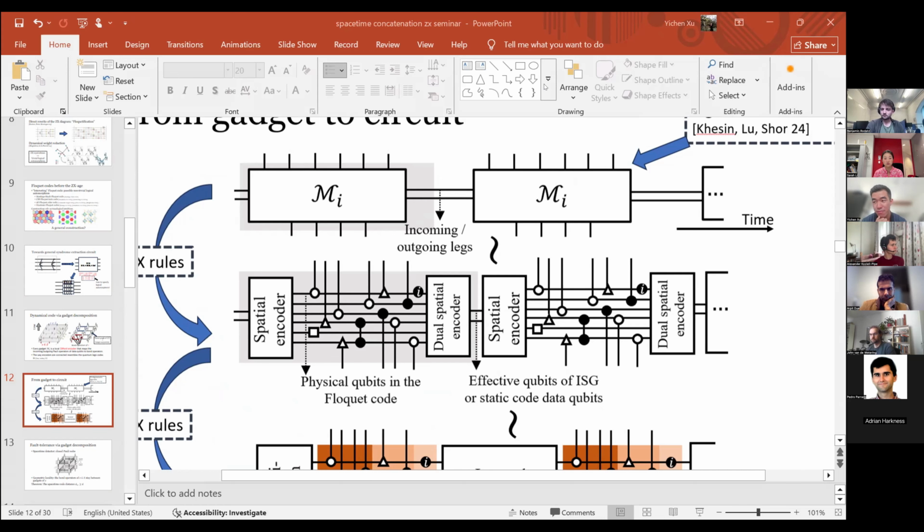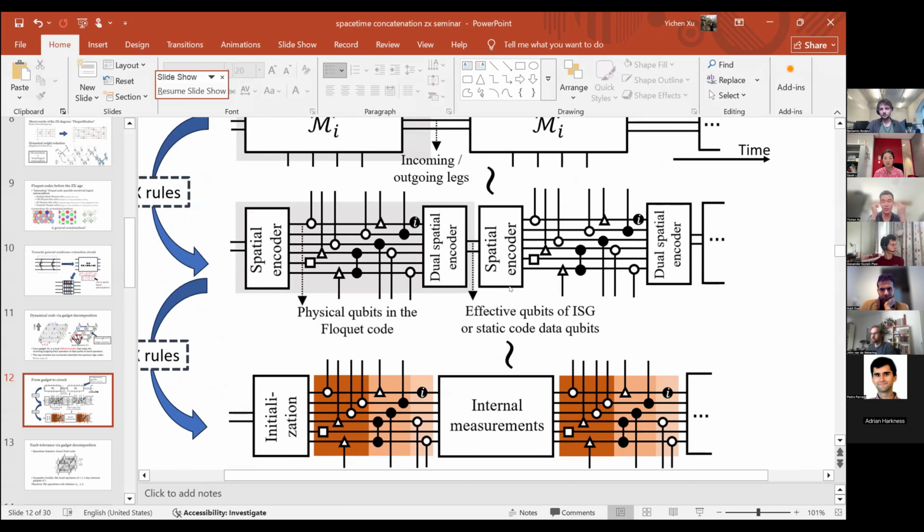Yeah, that's a legit question. And to that, unfortunately, you still have to deploy some of these flockification or dynamical weight reduction techniques in order to deal with internal measurements. That's one straightforward way, if you still have high weight measurements inside the gadget. But I would argue that since we have a sense of locality, these potential high weight measurements will all occur inside this very local region.